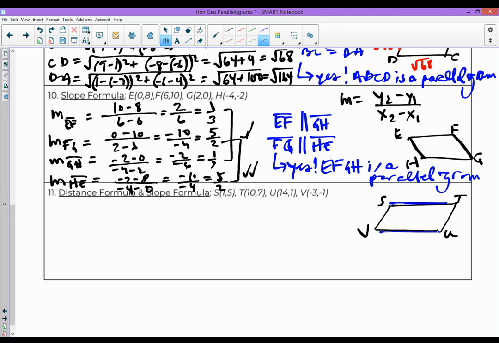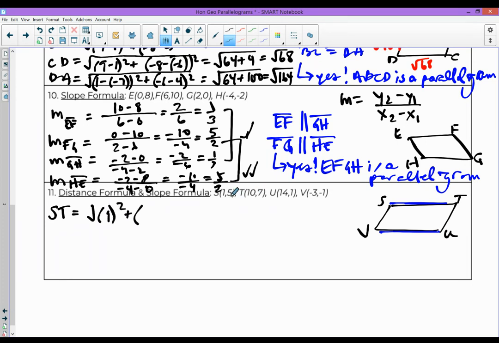So I can find the measure of ST. Difference in my x's, so that's 9 squared.